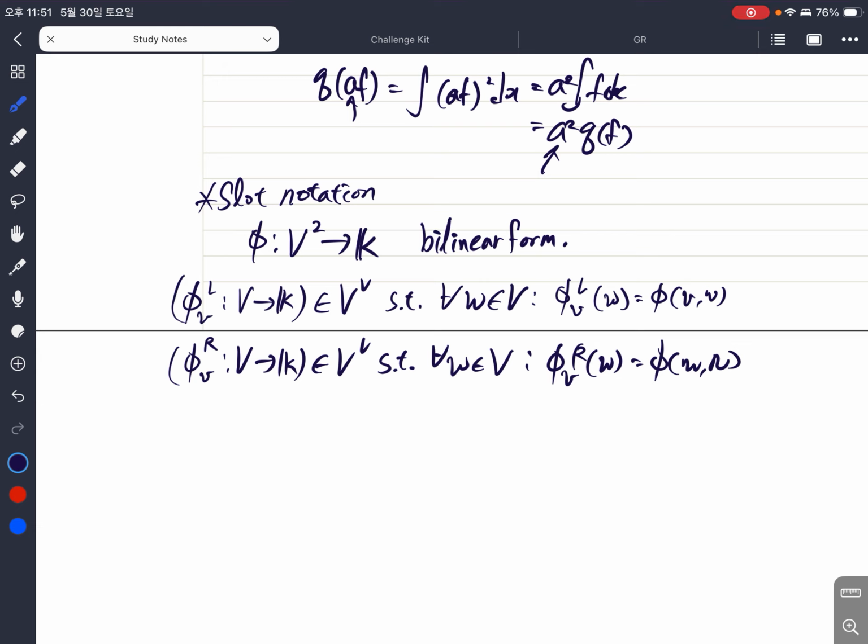And these are linear maps in this case, because now you have just one addition and one scalar multiplication, in the second slot or first slot in each case, becoming one addition and one scalar multiplication in the target space. So now it is really a one form. If you don't believe me, you can check. And there is also a name called the radical.